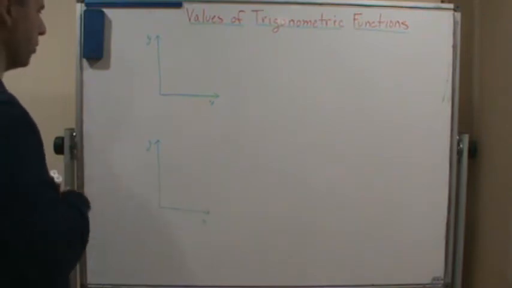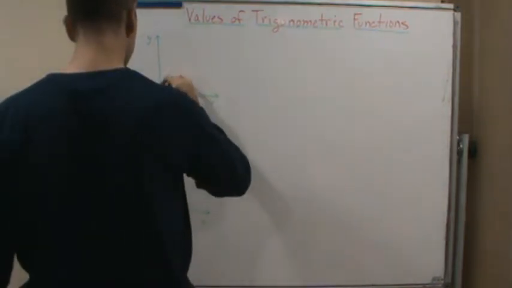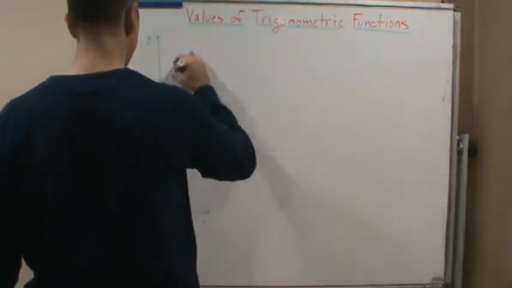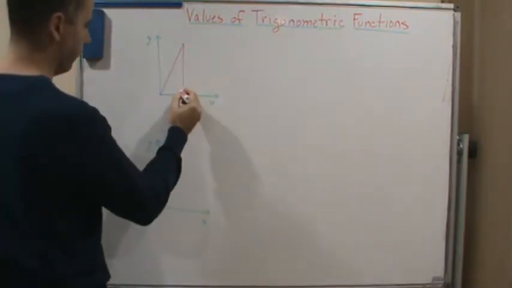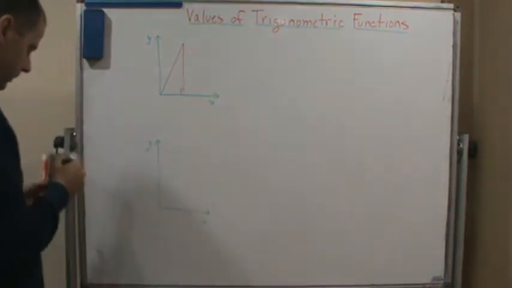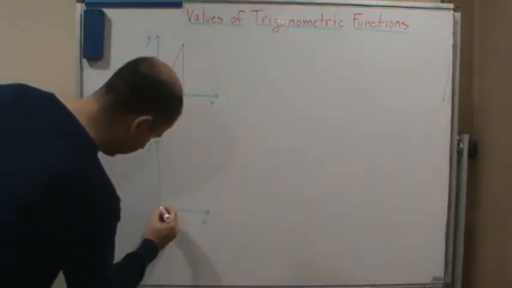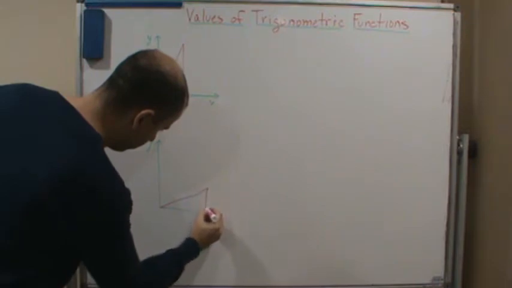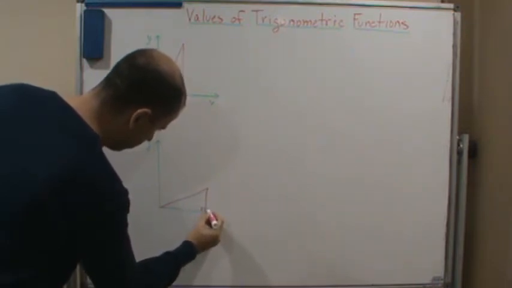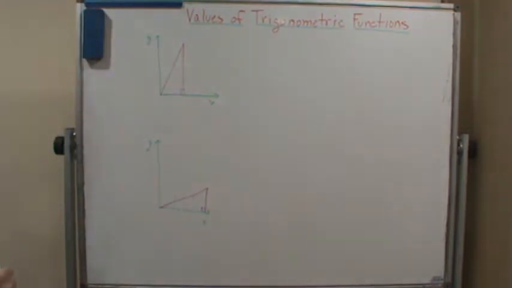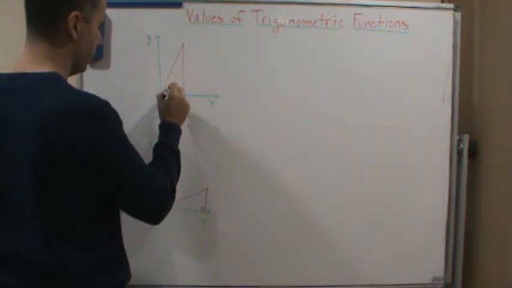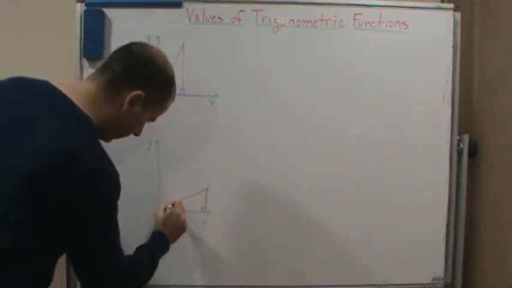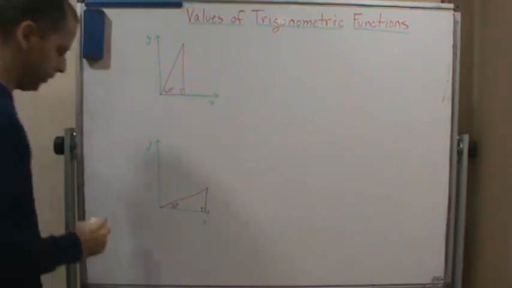And so if we draw two triangles, 2 points, and I draw a triangle like this, okay, so now let's make this angle here 60 degrees and this angle here 30 degrees.